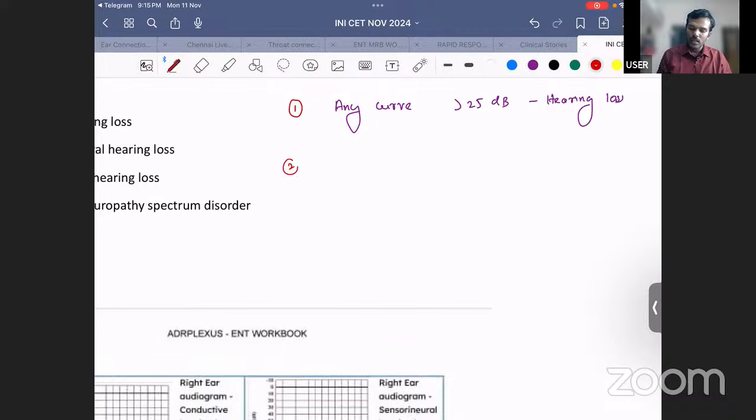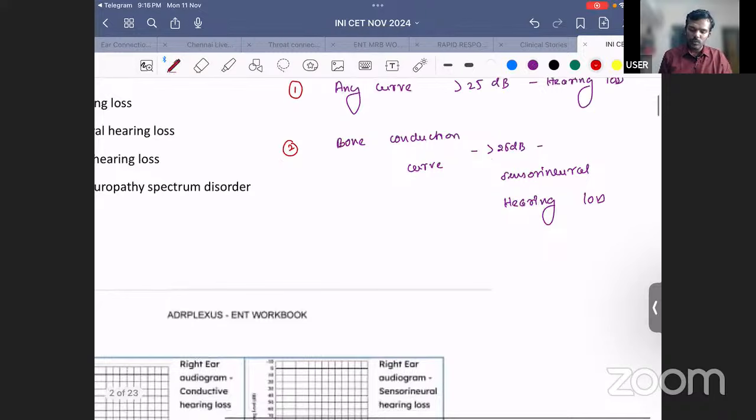The second one is, if the bone conduction curve is more than 25 decibel, it confirms that there is sensory neural hearing loss. This is the second thumb rule.